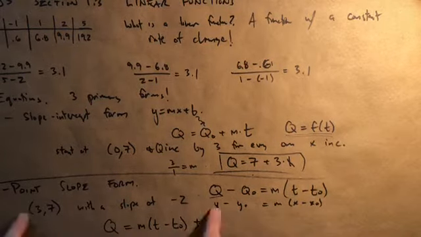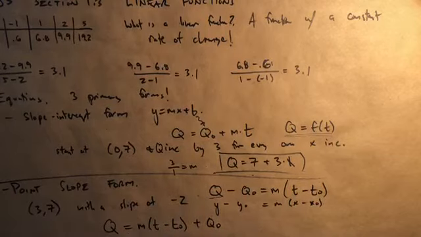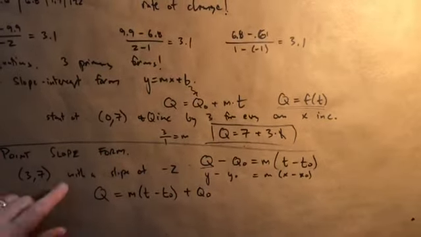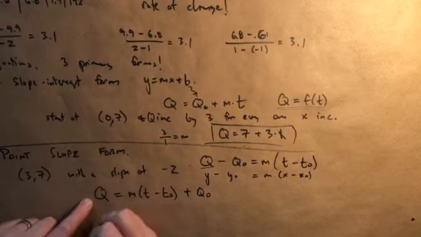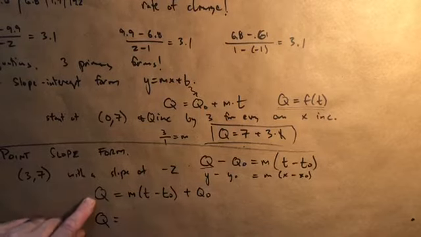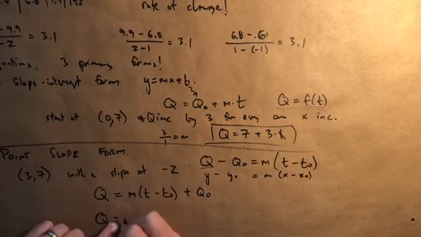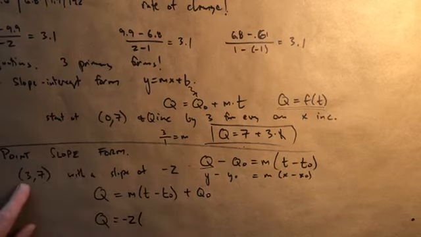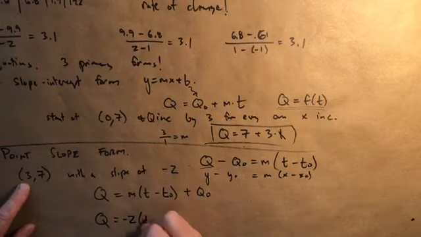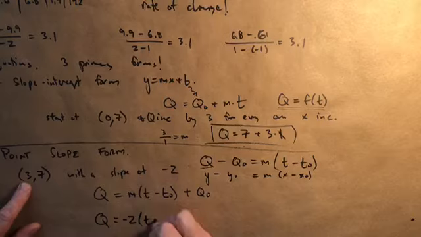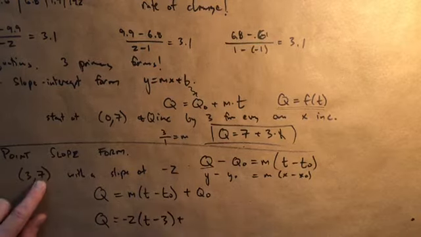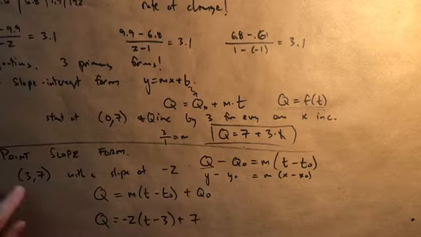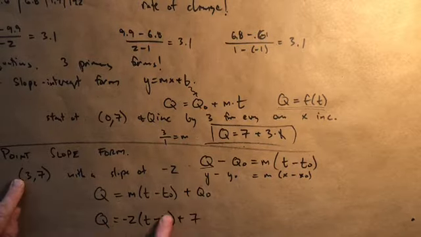Now, let's take this out for a spin with this specific example. We'll have q as our variable, m is our slope, -2, t is our input variable, t naught is 3, plus 7. And what I love about this so much is look what happens when I plug 3 in: murder occurs, and I'm left with only 7.